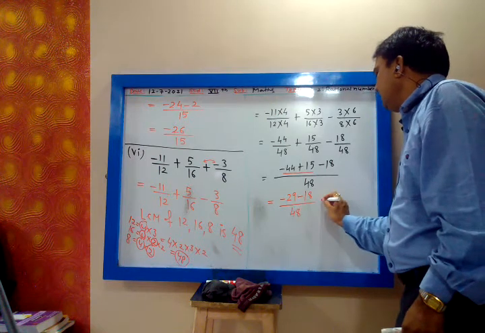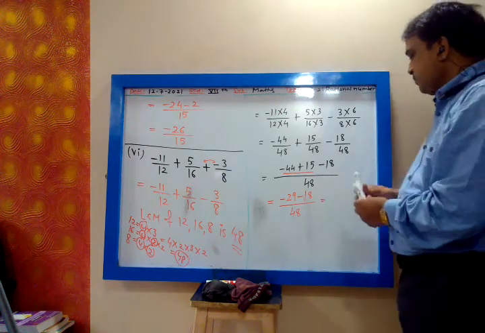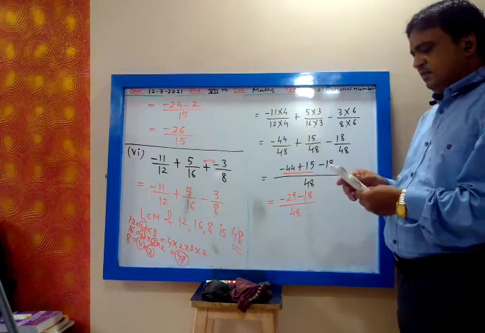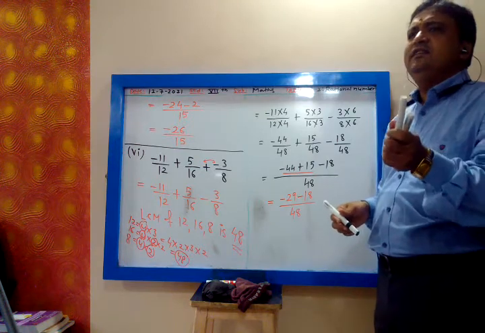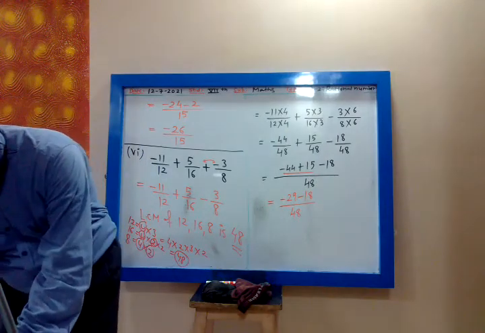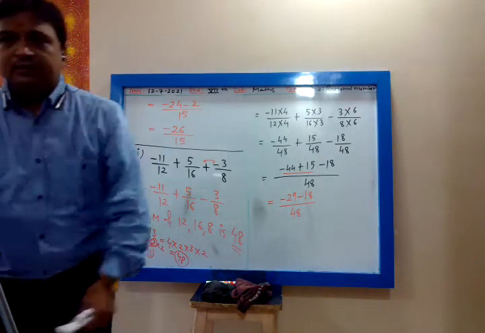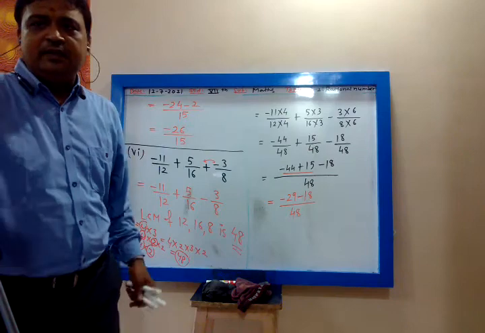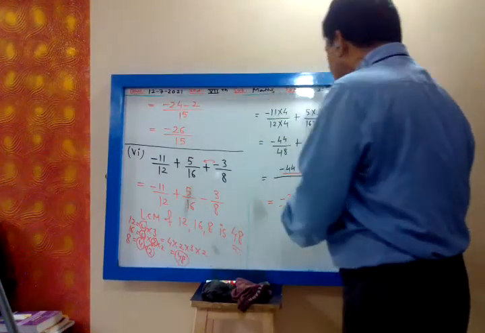Now again check whether they have the same sign or opposite sign. Same sign. Whenever they have the same sign, you have to add the numbers and take the common sign.